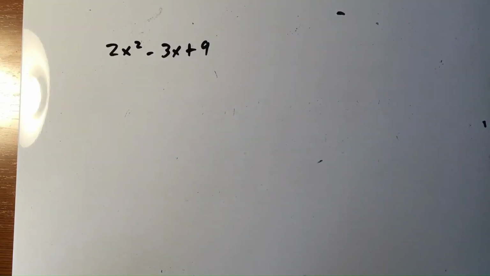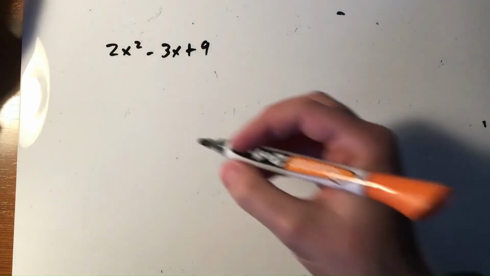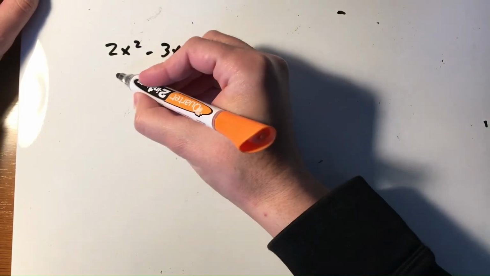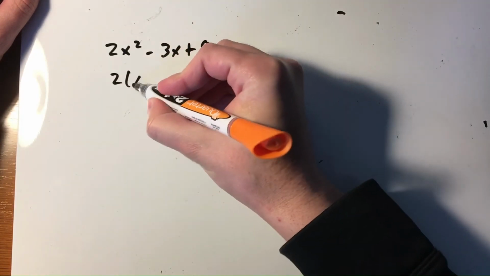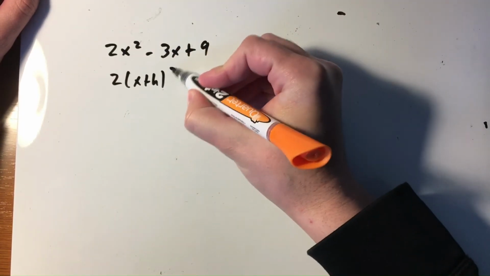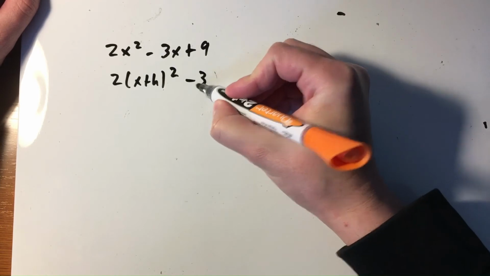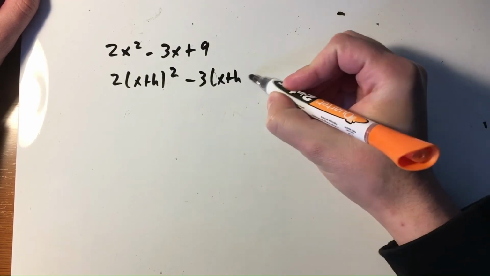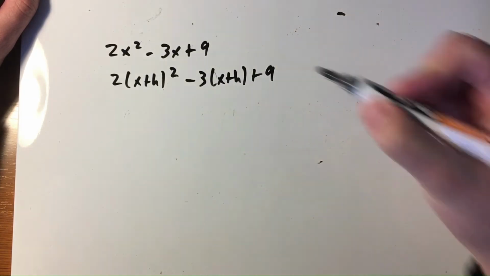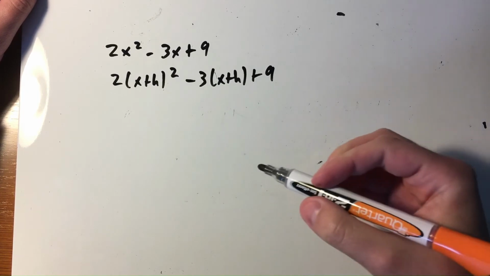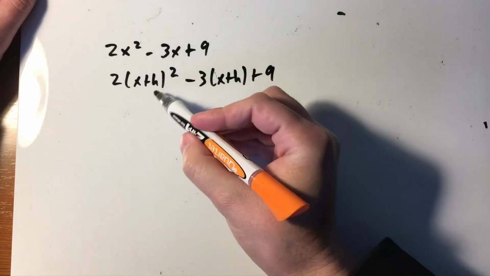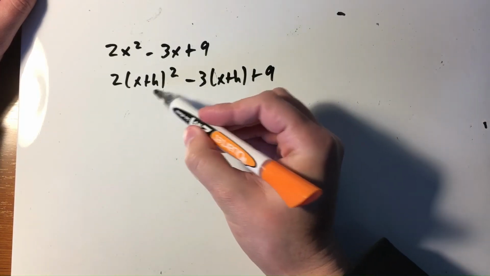Let's look at another problem. All right, 2x squared minus 3x plus 9. So let's replace these x's with x plus h. 2(x plus h) squared minus 3(x plus h) plus 9. Once again, we're going to use the same method here that we did in the last problem.